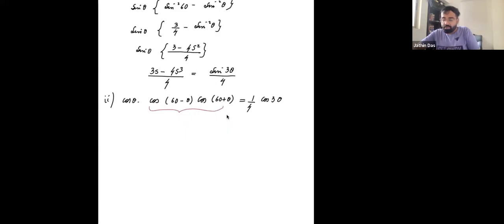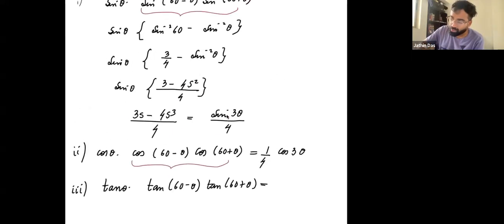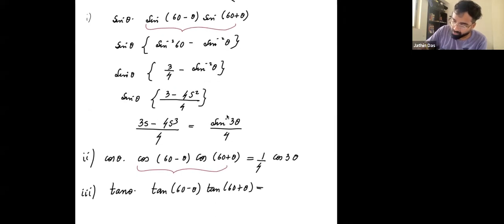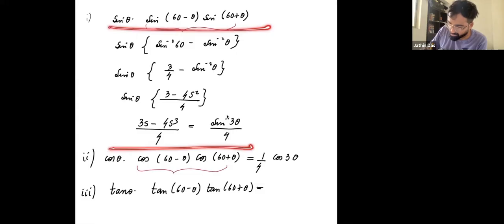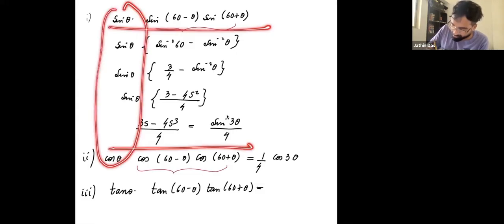Okay. Then what about tan? Tan theta into tan 60 minus theta into tan 60 plus theta. See, if you observe this, if I divide this by this, don't you think sine by cos will give me tan theta?